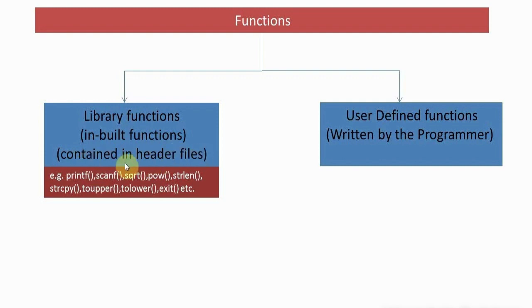In header files we have library functions, and so far we have used many of them: printf, scanf, sqrt, pow. Sqrt is used to calculate the square root, and pow for calculating the power, like a raised to power b.